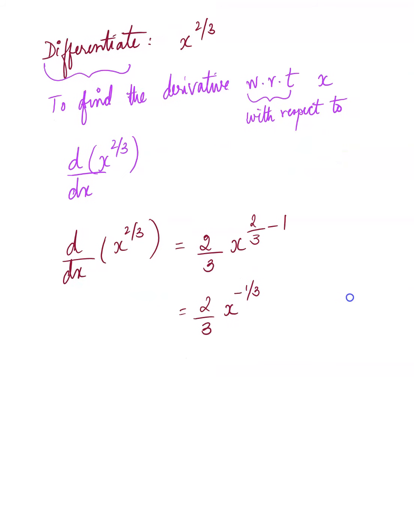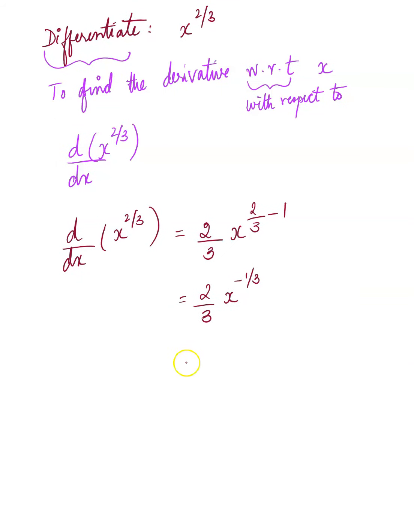But you know that in math we do not like to express our answers with a negative exponent. So go to the rules, the laws of exponents. We have like 7-8 laws. The laws of exponents tell us that for a negative exponent, you flip the base and change the sign. So the x moves to the denominator because it's in the numerator, and then the sign becomes positive.